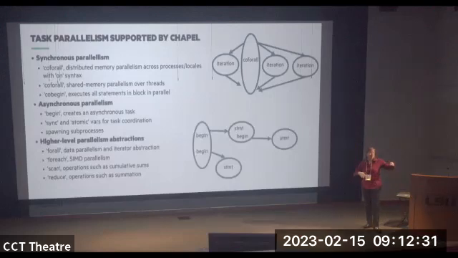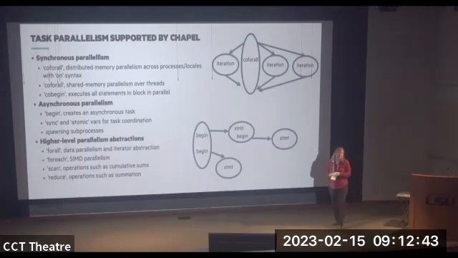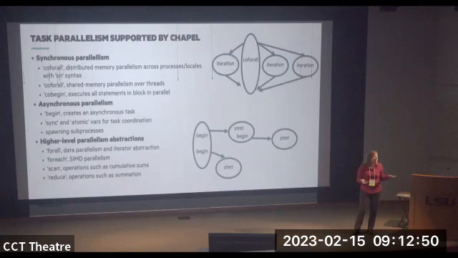So you can have synchronous with asynchronous, and you can really shoot yourself in the foot if you're not careful in terms of how you're coordinating between tasks. And then the way that you coordinate between tasks is the sync and atomic variables. I'm also going to show an example where you can spawn sub-processes, because one of the applications I looked at in Chapel is actually taking advantage of that.